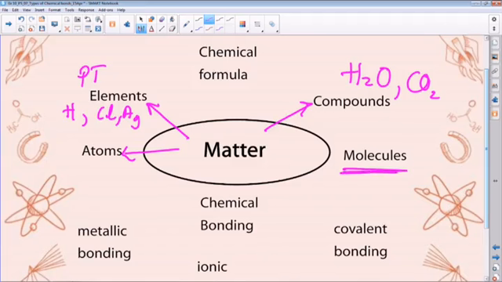Remember, we can have molecules of compounds as well as molecules of elements. For example, oxygen is an element which consists of two atoms that are chemically joined, but these are of the same kind. So these are atoms of the same element. And then if you look at carbon dioxide, carbon and oxygen are elements of a different kind.